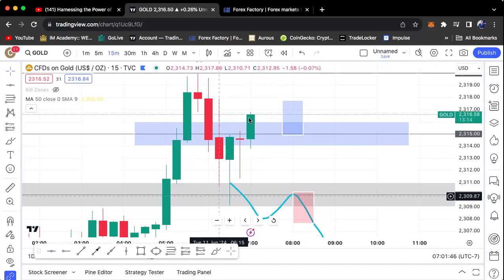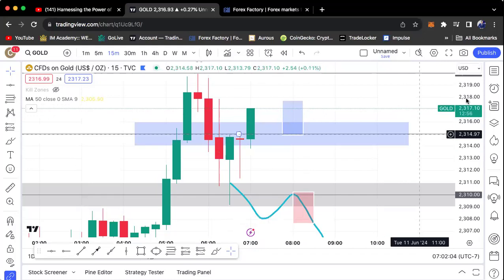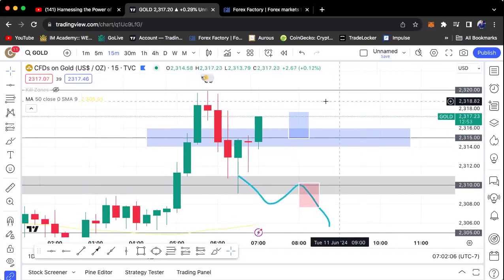So yes, we are officially on an uptrend when price breaks above structure, at the smaller time frame. When you look at the smaller time frame, price is breaking structures, creating higher highs, higher lows, and eventually it's going to affect the overall picture.